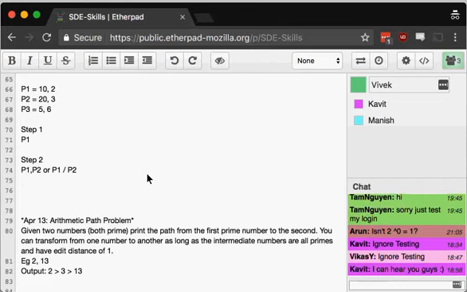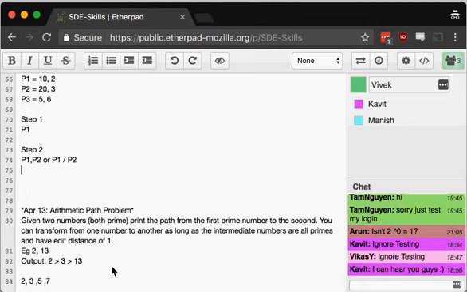Again I used a sieve, so I had all the prime numbers, say 2, 3, 5, 7. That's all generated. Now I iterated for 2 with all the primes calculated.